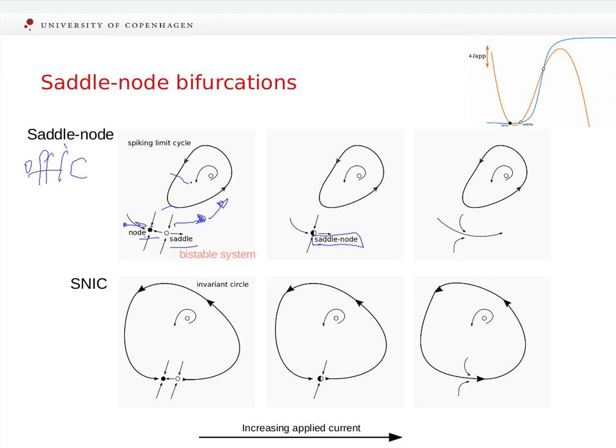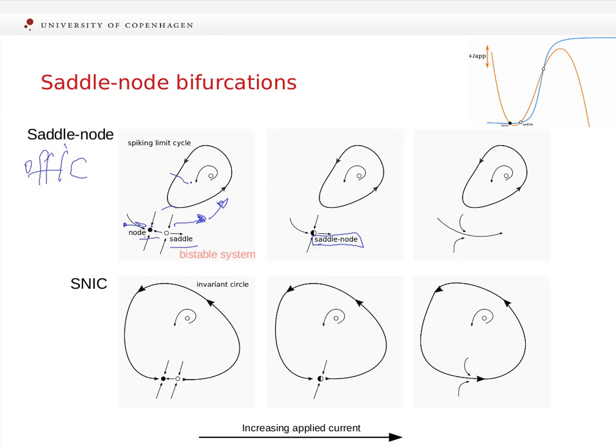And this coexistence of two different kinds of behavior is important for example in bursting of a neuron, that is spiking in short or long batches of spikes interleaved with quiescent periods.